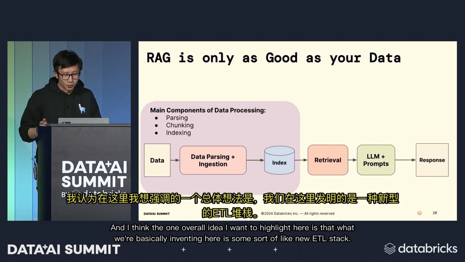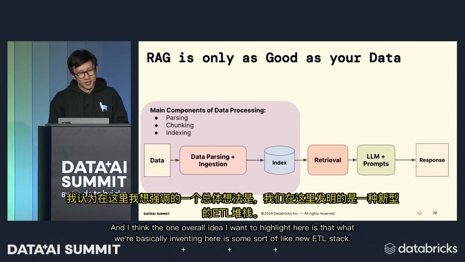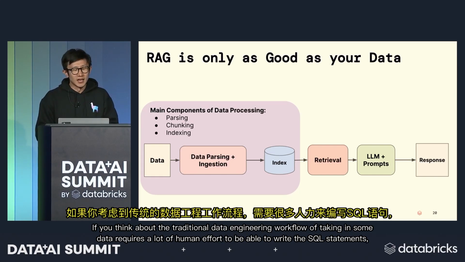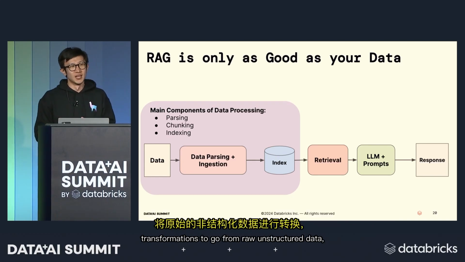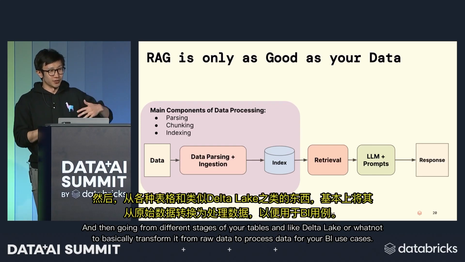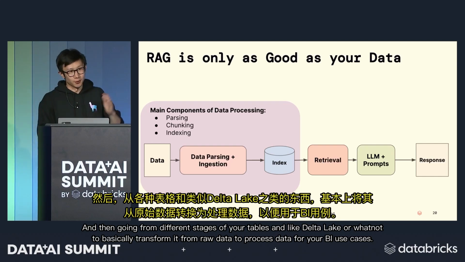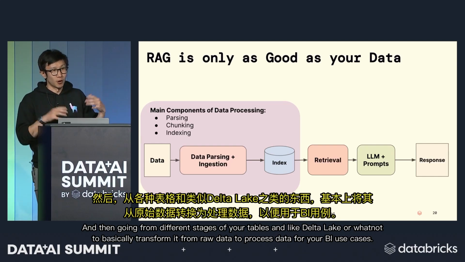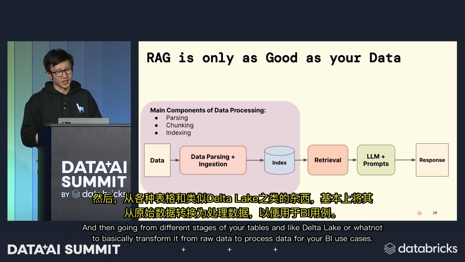And I think the one overall idea I want to highlight here is that what we're basically inventing here is some sort of new ETL stack, right? If you think about the traditional data engineering workflow of taking in some data, it requires a lot of human effort to write the SQL statements and transformations, to go from raw unstructured data, doing some extraction on top of that with say small fine-tuned trained ML models, and then going through different stages of your tables in Delta Lake or whatnot to basically transform it from raw data to processed data for your BI use cases.